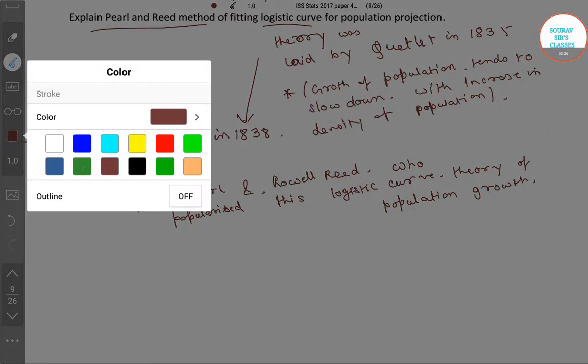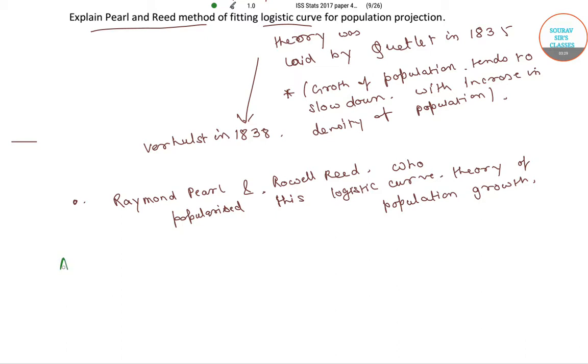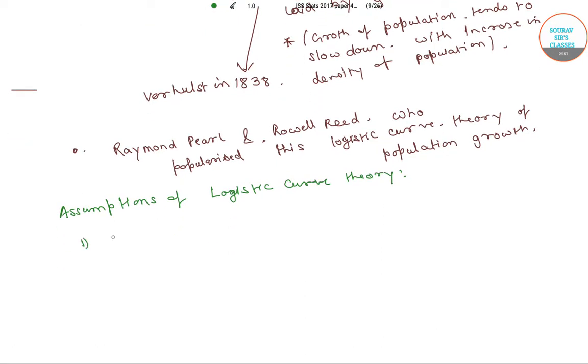The first one is that the population grows in a finite area.